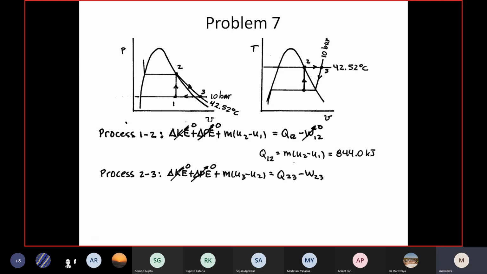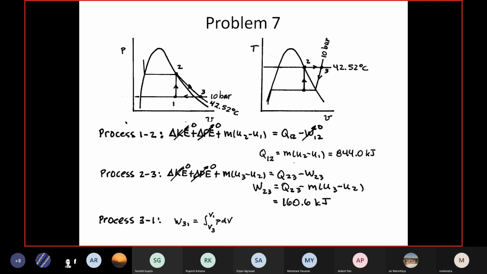Process 2, 3, isothermal process, right? So they have given over here 2, 3. Q23 is given in the problem itself. And the work we are calculating. Process 3, 1 is a constant pressure process.